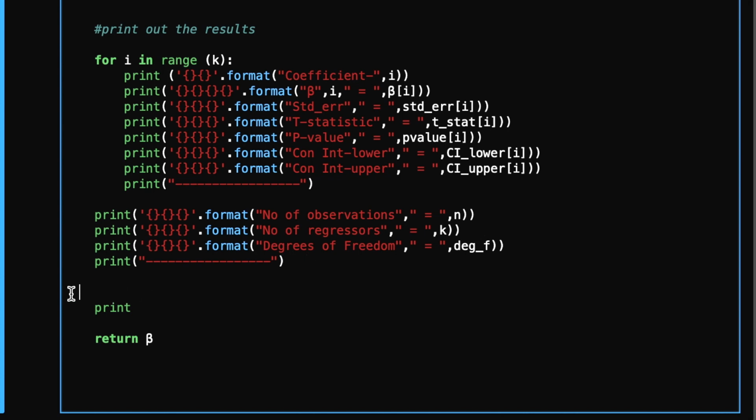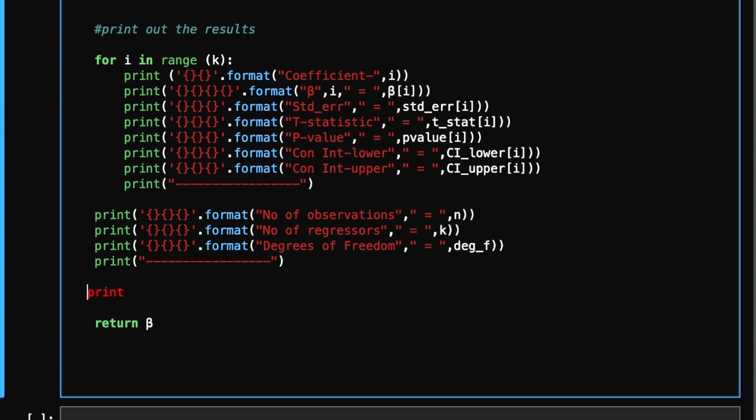Let's start with this. Okay, so we can do this. Just copy this one up here, paste it, and change it to MSE residual.